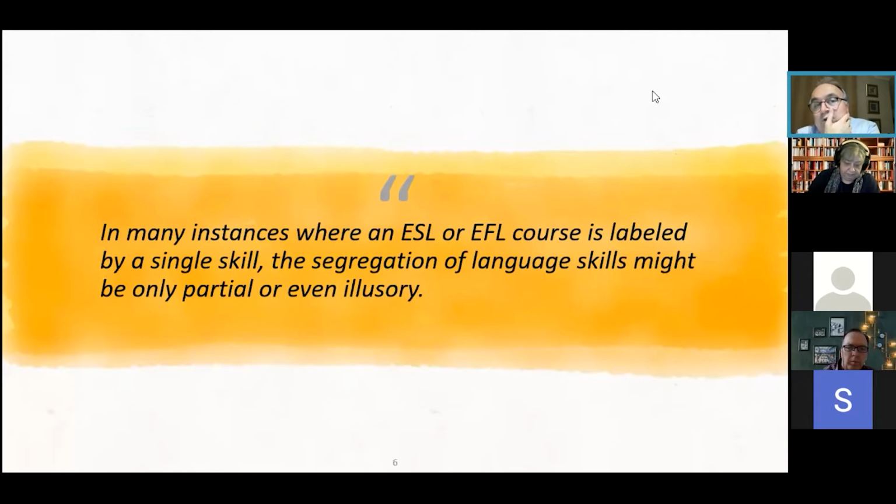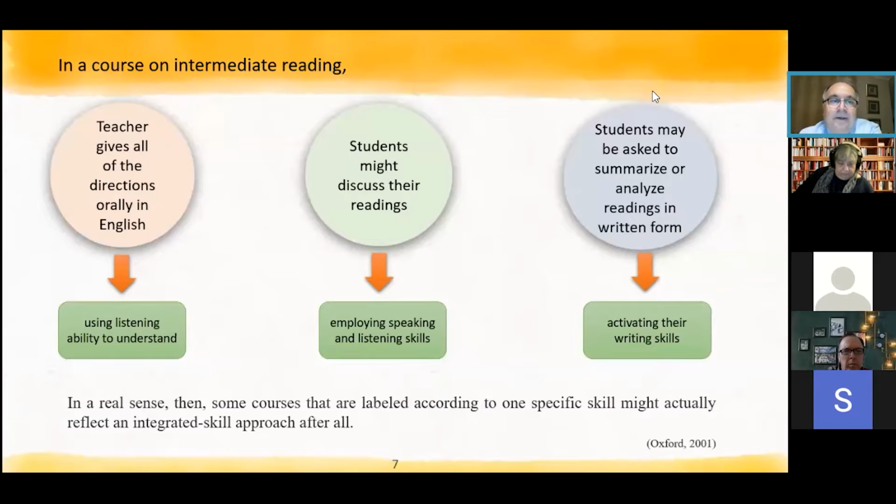In other words, we need certain teaching materials, supplementary materials. But the important point is the philosophy of the teacher. So let's see an example. This is a course given at intermediate level.